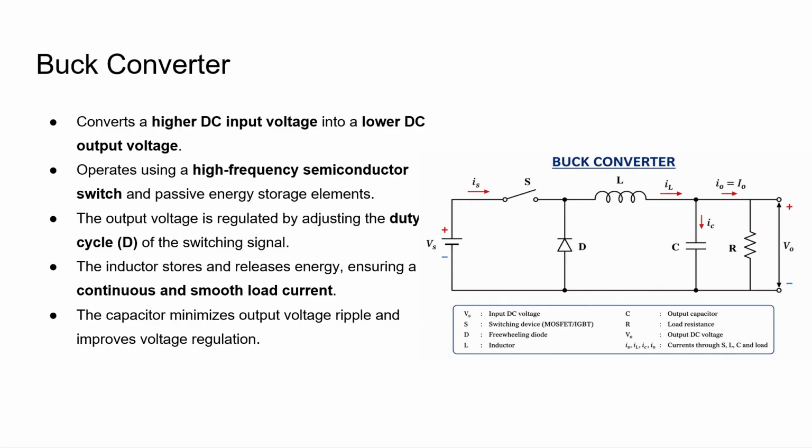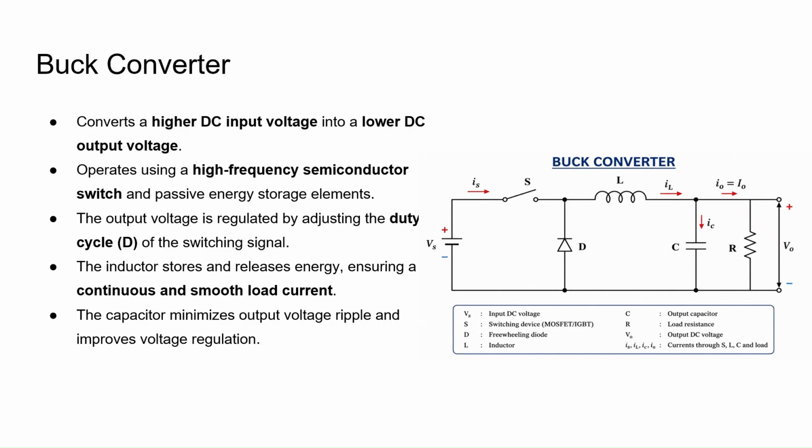As we have seen in the previous diagram, this switch will control the energy transfer. The inductor stores energy when the switch is in on condition, and the inductor will release the energy when the switch is in off condition.